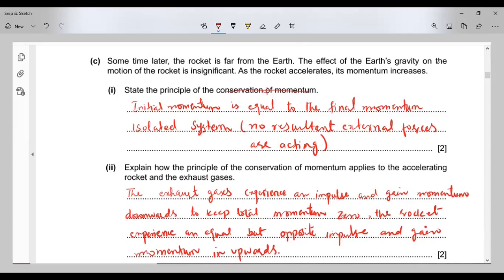This is how you can write your answer, because the answer of this question consists of 2 marks. So you have to explain how the principle of conservation of momentum is applicable to rocket and gases.